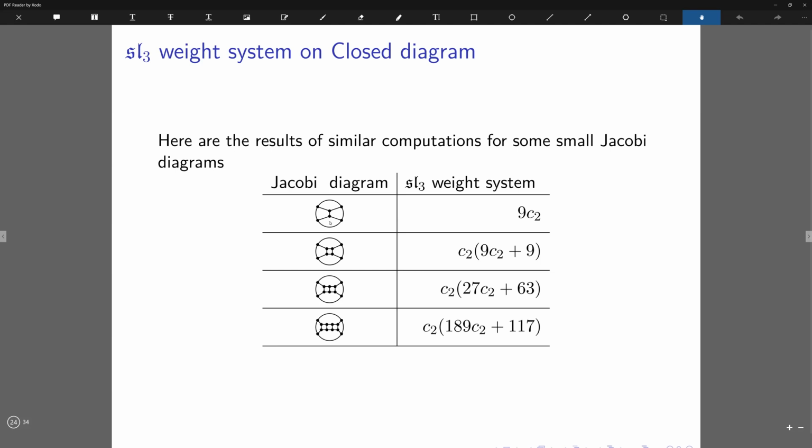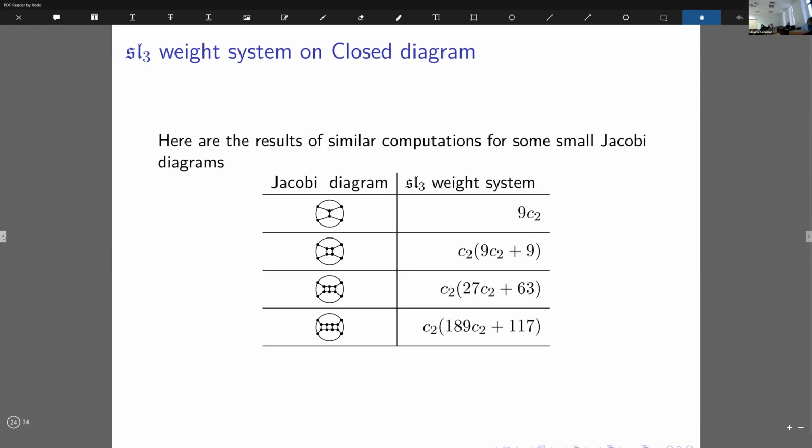And here is some result I calculated for Jacobi diagrams that look like this. So each one is a connected closed diagram with 4 legs, and inside there are some cells, and because there are 4 legs, the weight system is always of degree at most 4.